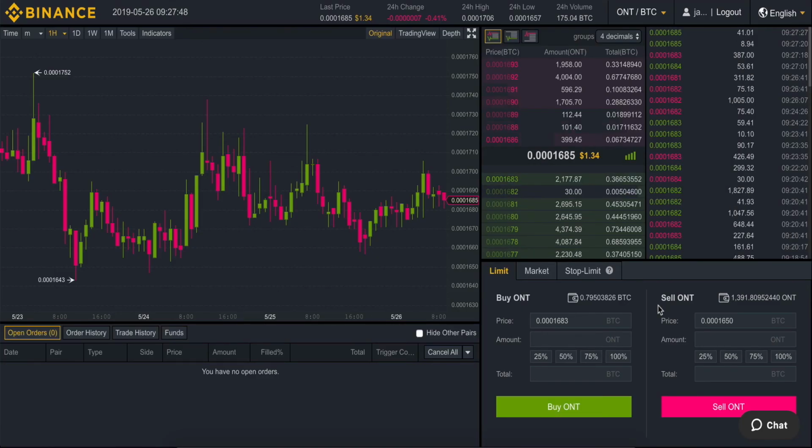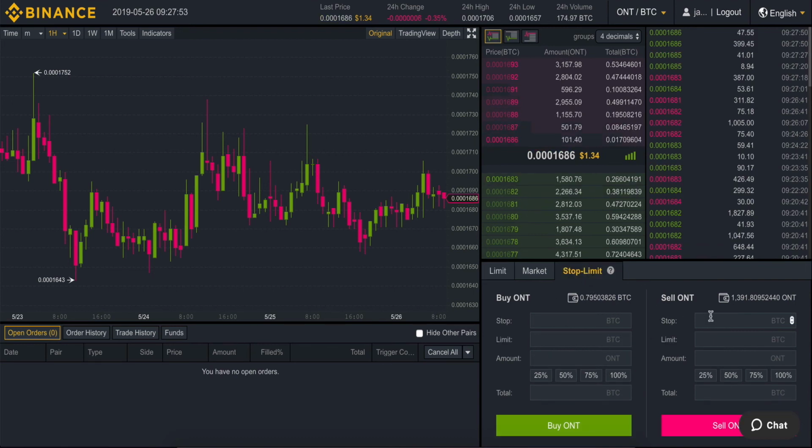So if we wanted to set a stop loss on Binance, all we would have to do is go over to stop limit. We would then go on sell ONT.